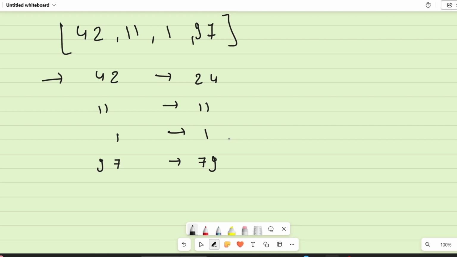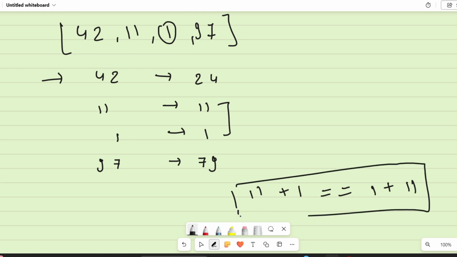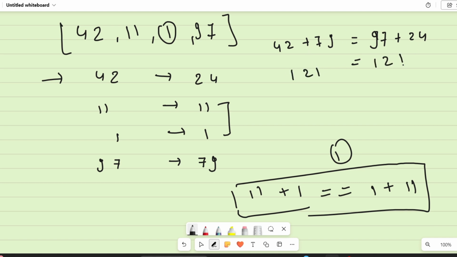So we can form a pair of these two numbers, right? 11 plus reverse of 1, which is 1 itself, is equal to 1 plus reverse of 11. Is that true? Yes, we found our first pair. Then 42 plus 79 is equal to 97 plus 24, because both result in 121.